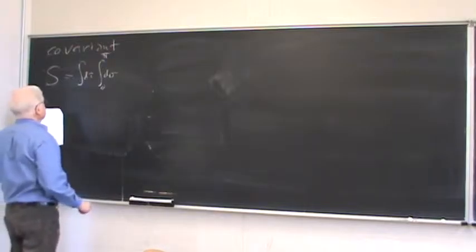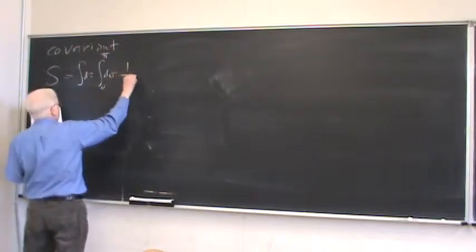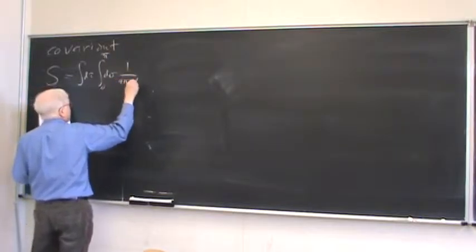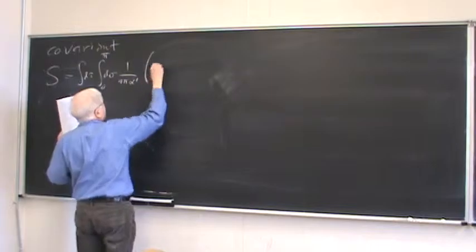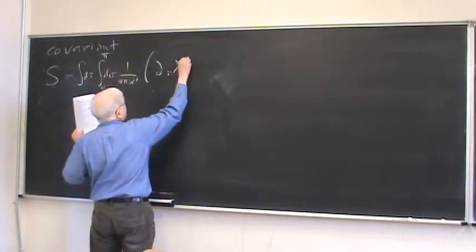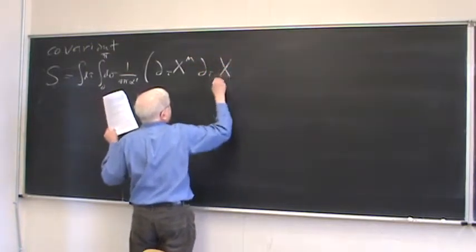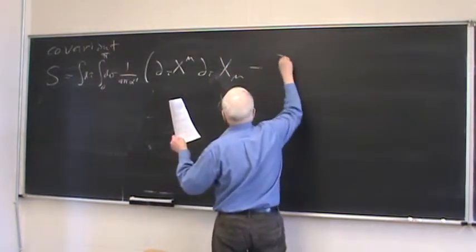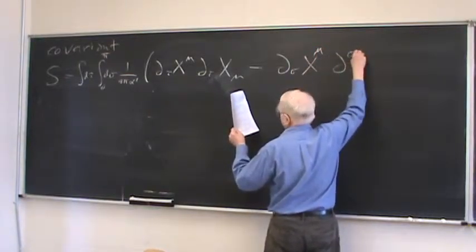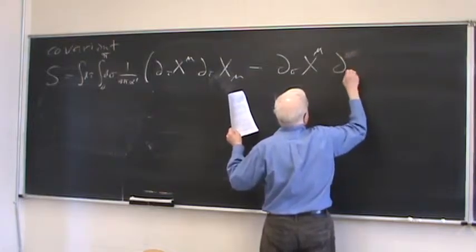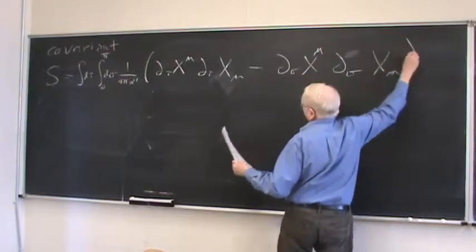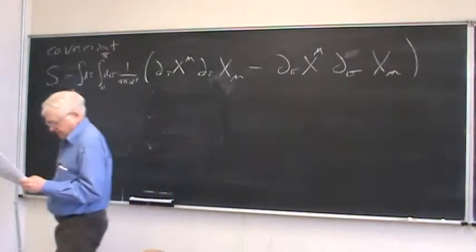What we have is 1 over 4 pi alpha prime times the tau derivative of x upper mu, the tau derivative of x lower mu, minus the sigma derivative of x mu, the sigma derivative of x mu.